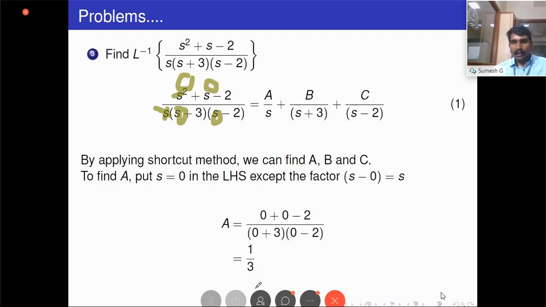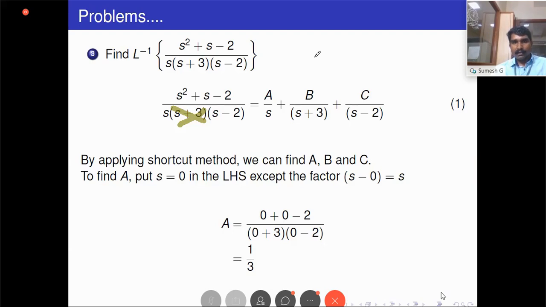And to find B, what do we have to do? We have to substitute s equal to minus 3, except the factor s plus 3.